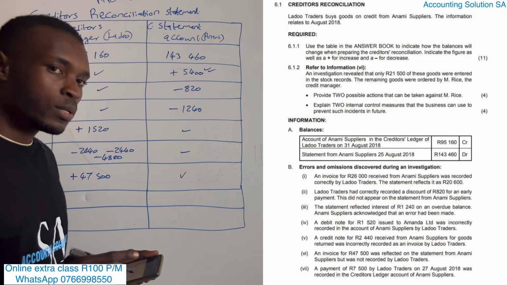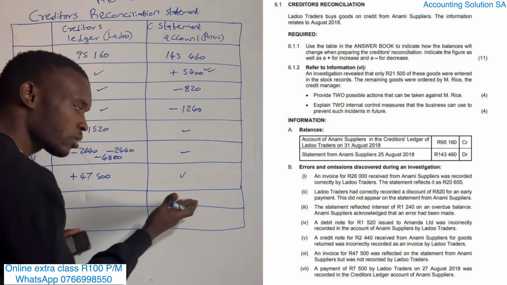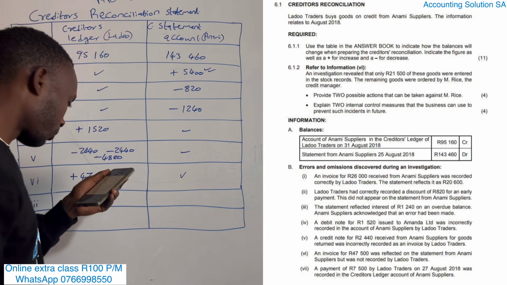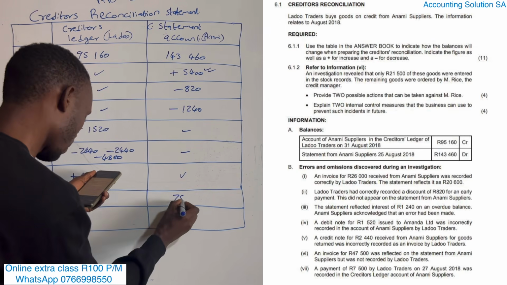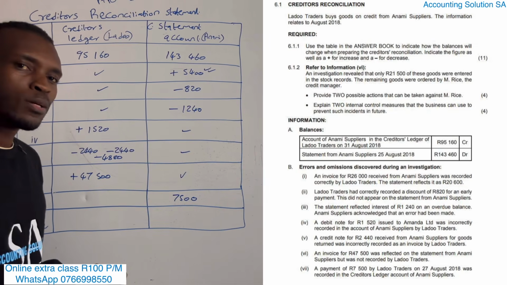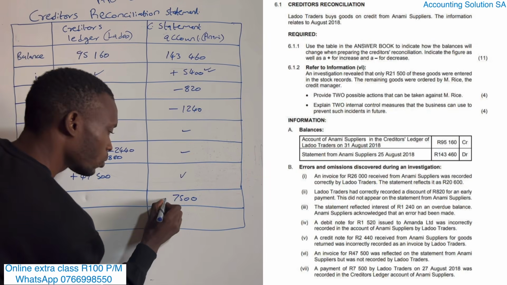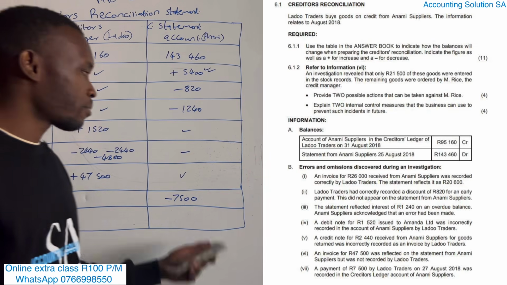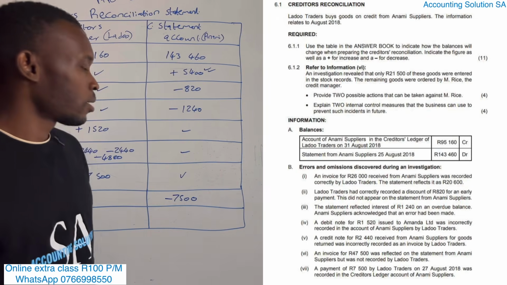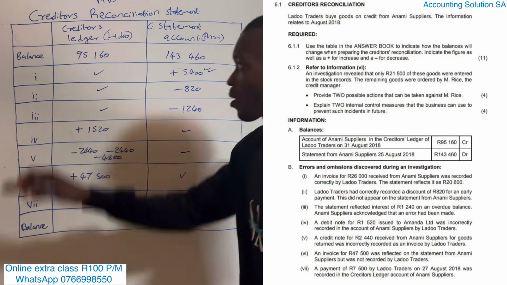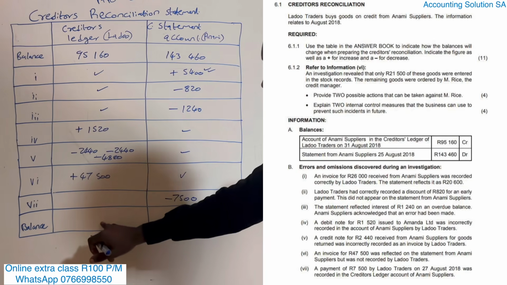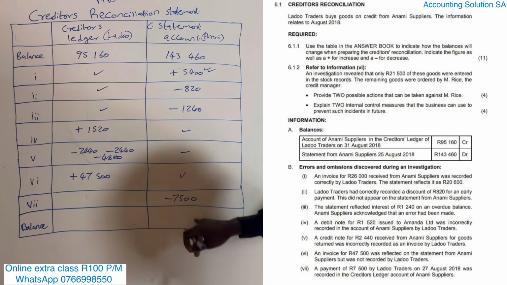Now we have to do what? To rectify? To simply record here the amount of 7,500. This is payment. When we pay, we reduce liability. Very simple. Now it's done. What do we do next? We must calculate the total this side and see if we're going to get the same total this side.